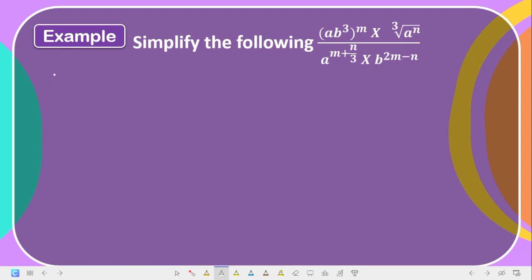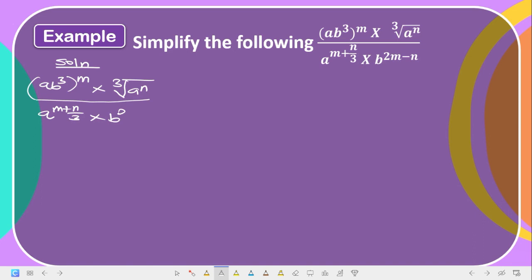First of all, we write out the equation again. If we write out the equation again, what are we going to have here? (ab)^3, bracket, b^m times the cube root of a^m, all over a^(m+n)/3 times b^(2m-n).